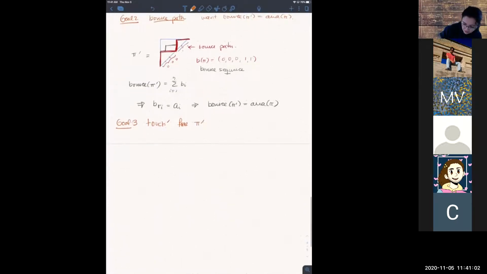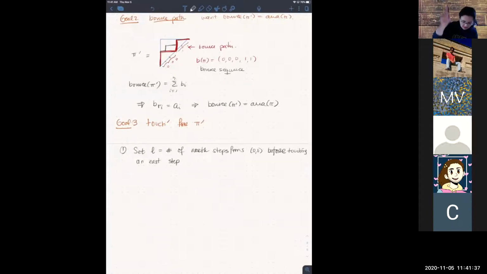So how do we define our new statistic touch prime from touch, right? So the first thing we want to do is we're going to set L to be the number of north steps from 0, 0 before touching an east step.